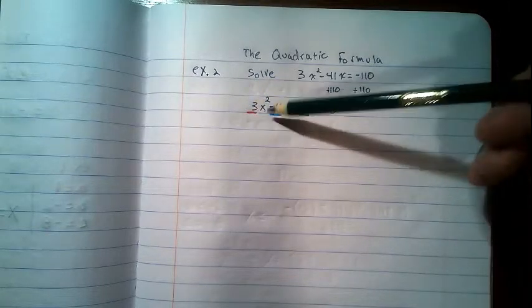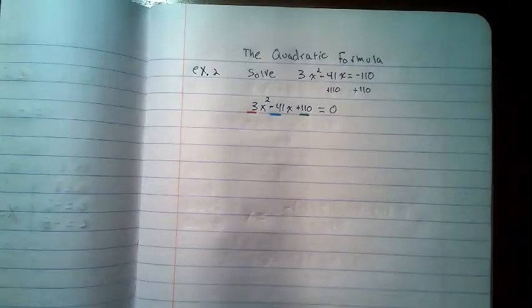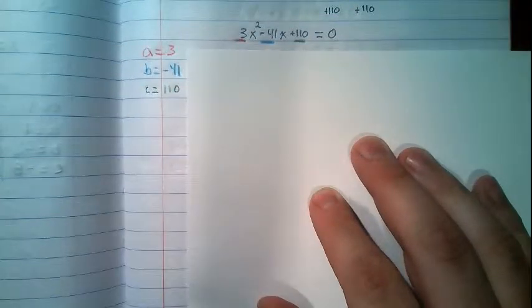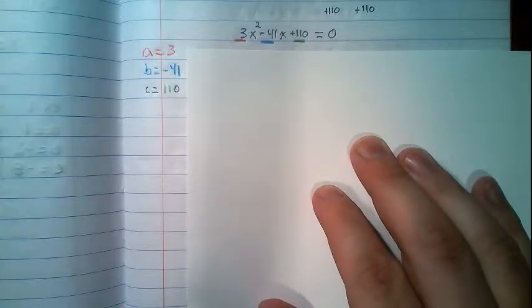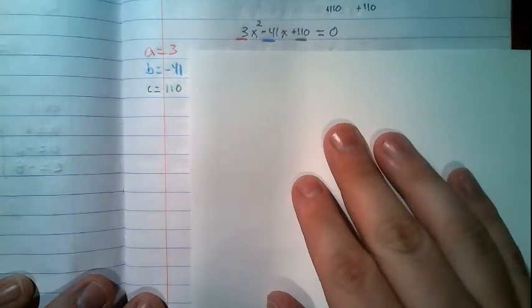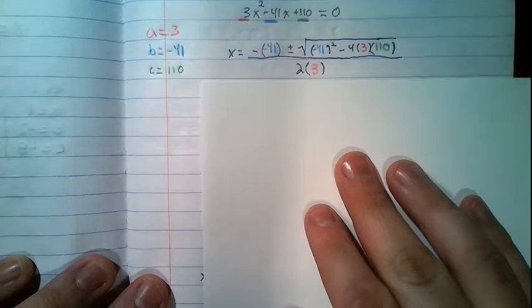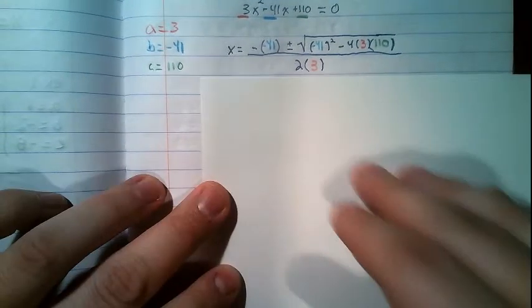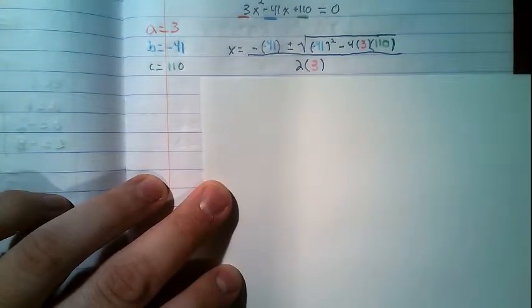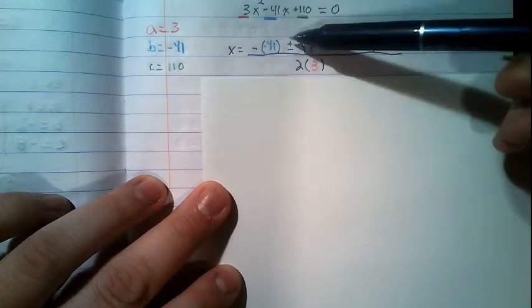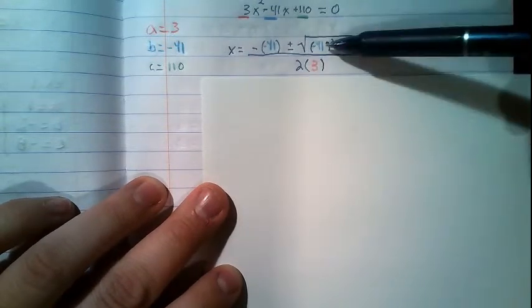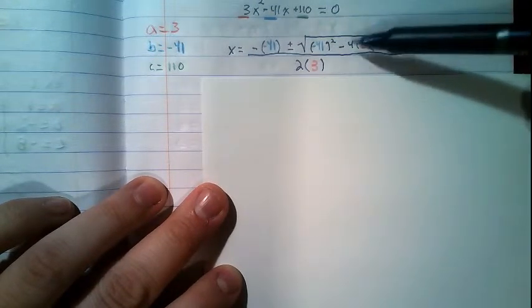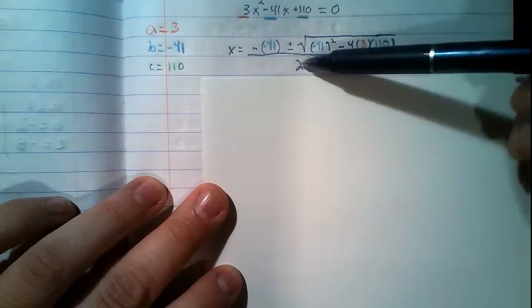I've labeled a, b, and c, so now I'm just going to put them into the quadratic formula. So I've labeled my a, b, and c and wrote them on the left side, and when I put them into the quadratic formula, I've got x equals negative b plus or minus the square root of b squared minus 4ac all over 2a.